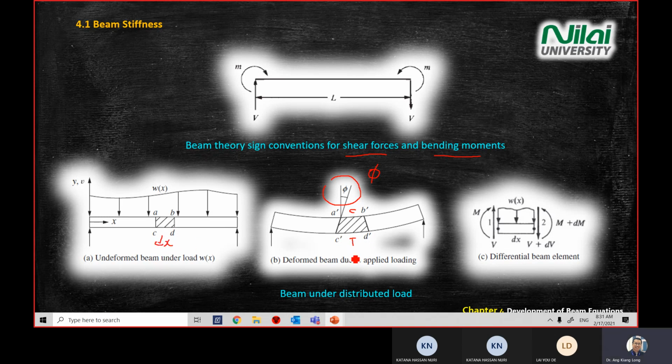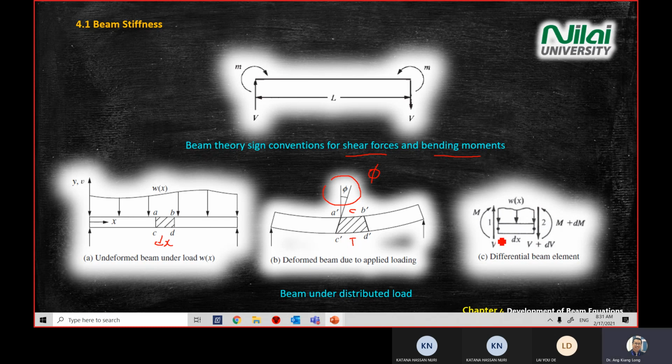C prime, D prime is also dx. So we will draw a free body diagram over here. The diagram is quite direct. You have a shear loading on the left going up, and then a shear loading going down.